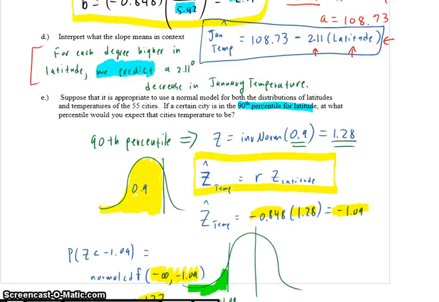If this is a picture of the latitude distribution, the 90th percentile would represent when the area below this curve is 0.9. Okay, so the first thing we need to do is to find the z-score for that value. Okay, and we know that we can use the inverse norm function to do that, and we get 1.28.